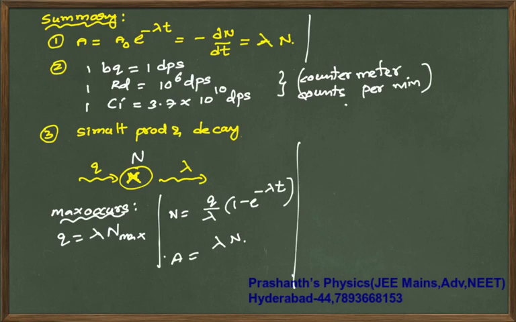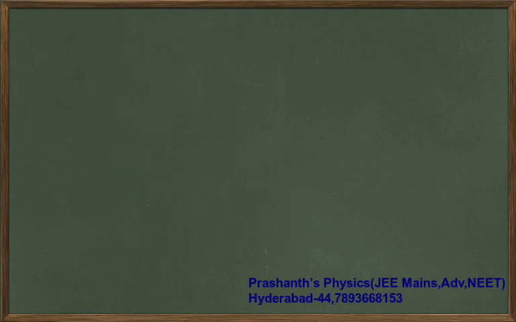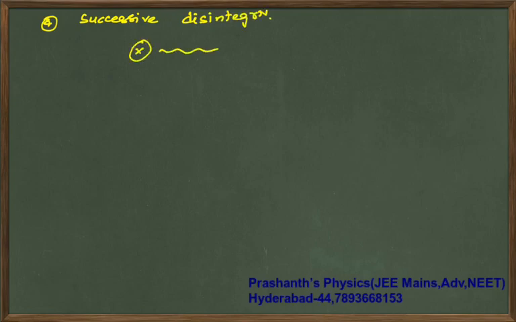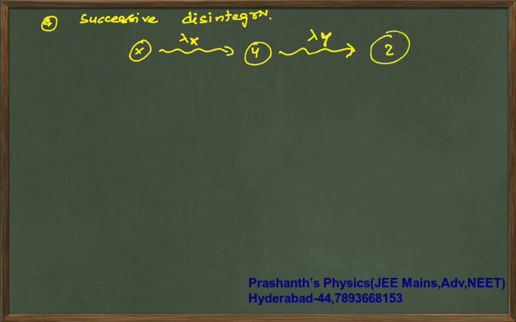Right. Next, the fourth is successive disintegration. If successive disintegration is there, initially you have X nucleus, its decay constant is lambda x, it is producing Y, which is disintegrating with some decay constant lambda y, and it is producing Z, which is stable.